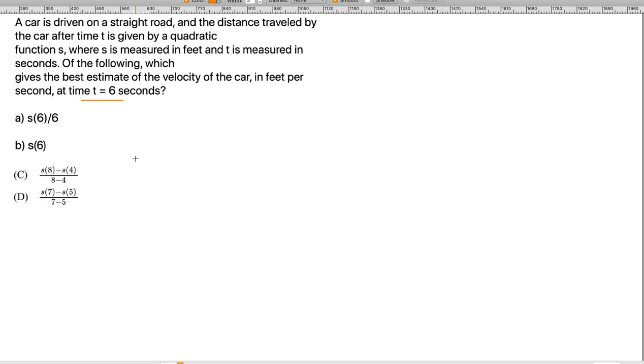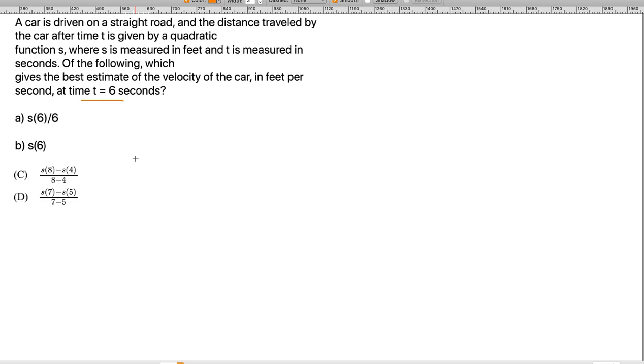So we want which one gives us the best estimate for the instantaneous velocity of the car at t equals 6. The best estimate is going to be the shortest average velocity interval, closest to t equals 6 seconds. So what would be the shortest time interval closest to t equals 6 seconds?